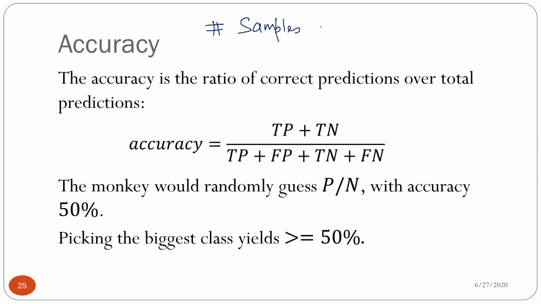Now let's think about a scenario where we have number of samples equal to 100. Okay, and in this case the positive samples, which are cancer samples, are let's say only 5. Alright, and negative samples, which are healthy ones, are 95. So this can happen.